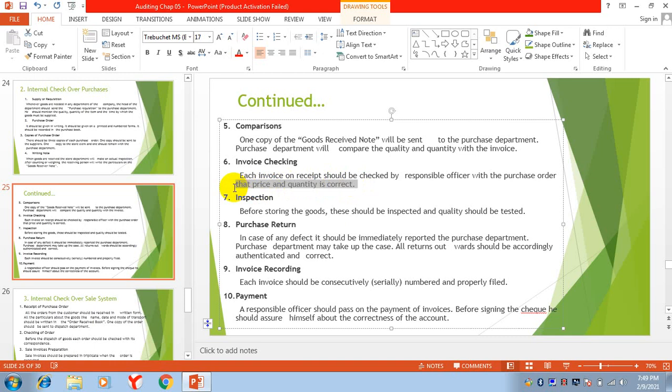This comparison is for checking the quantity and the prices. So in invoice checking, we are comparing the purchase order with the invoice.